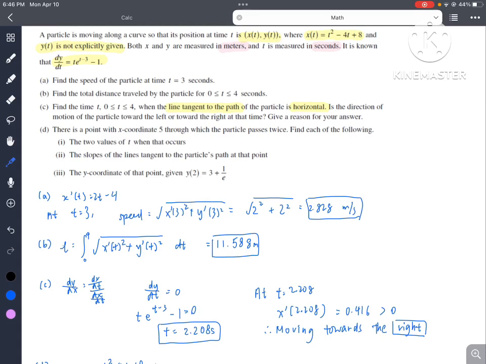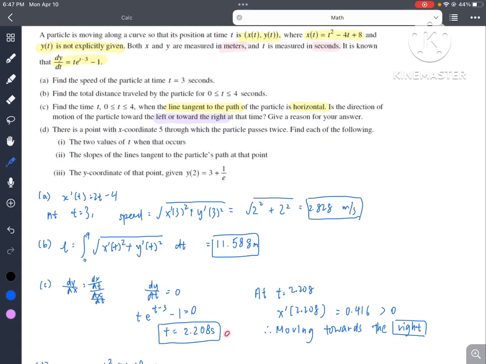Okay, then we notice that there's another part of this question. Now it's asking, is the direction moving towards the left or the right? You may ask, what about up and down? Well, if the line tangent to the path is horizontal, it means that the velocity vector is only horizontal. There's no vertical component. So this question makes sense.